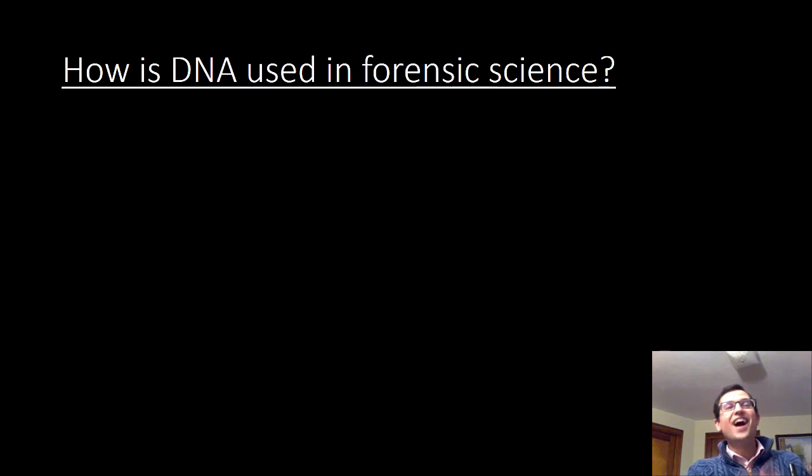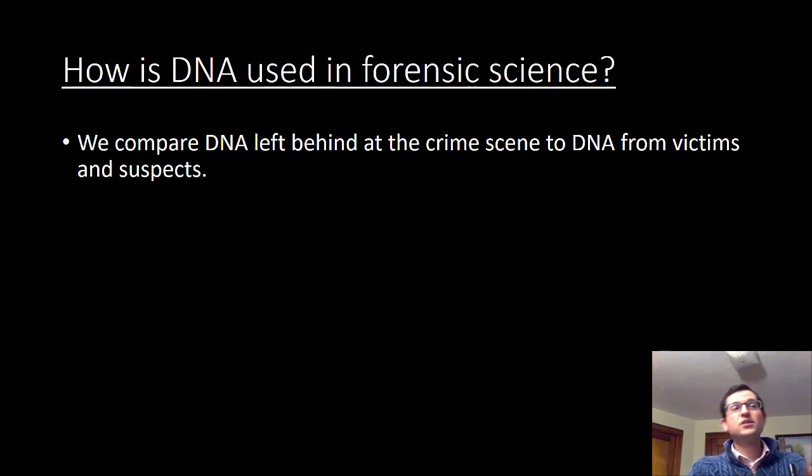So, first question is, how is DNA used in forensic science? What's the general principle? The general principle is that we compare DNA that's left behind at the crime scene to DNA from victims or suspects. So, for example, perhaps we find the skin cells of some other person underneath the fingernails of a dead victim. Well, it wouldn't be unreasonable to conclude that perhaps those skin cells got there because the victim clawed at the face of the perpetrator while the murder was being committed.